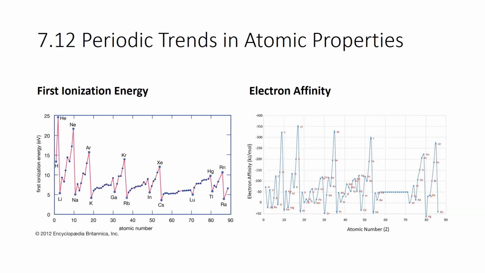So the first two periodic trends that we're going to look at, as you can see, are the first ionization energy and the electron affinity. So the first ionization energy is really just the amount of energy required to remove the first electron, to essentially create a +1 cation.